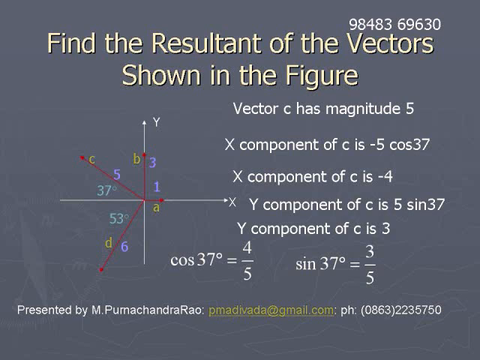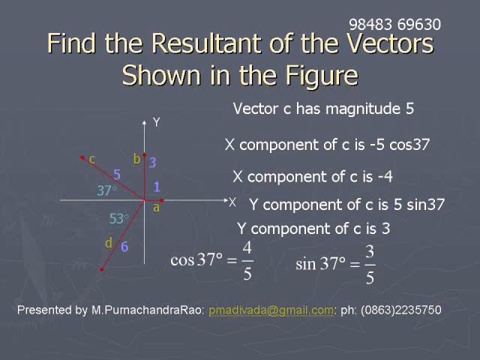The y component of C lies along the positive direction of the y-axis. Resolving C into two perpendicular components along the x-axis and y-axis, the component along the x-axis is 5 cos 37, and along the y-axis is 5 sin 37.